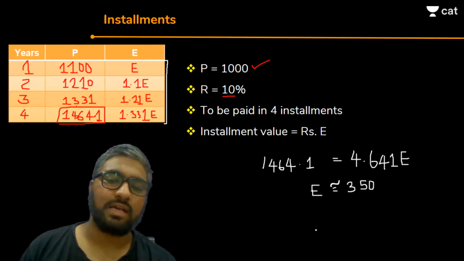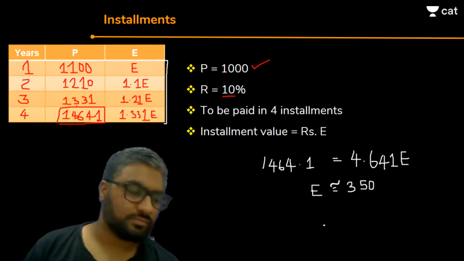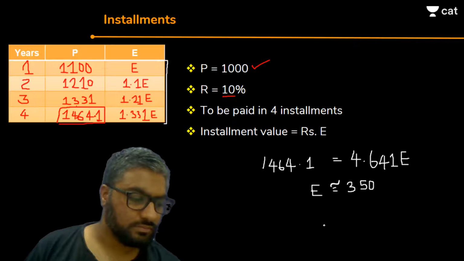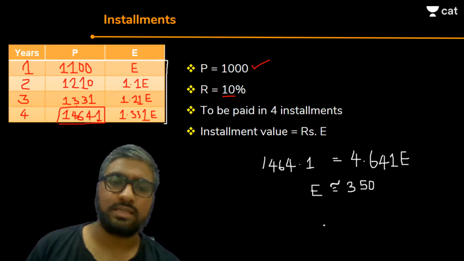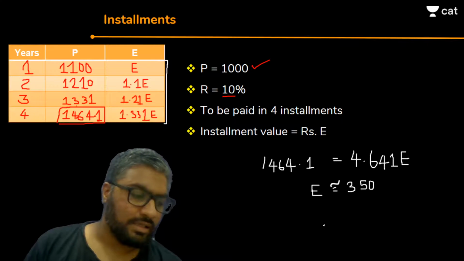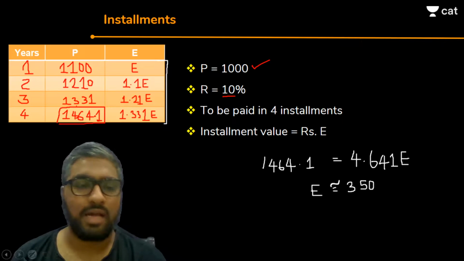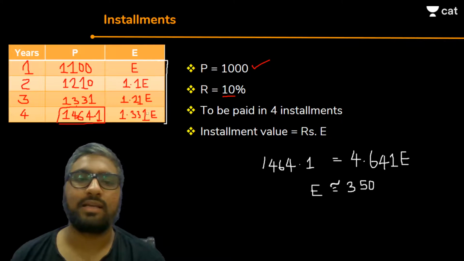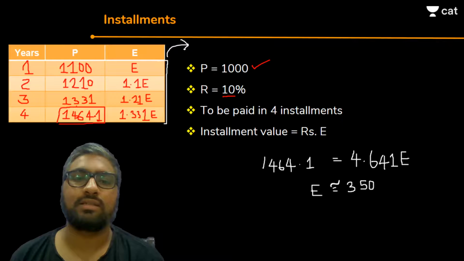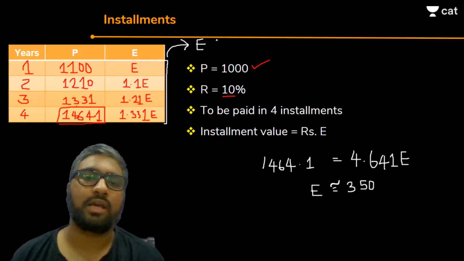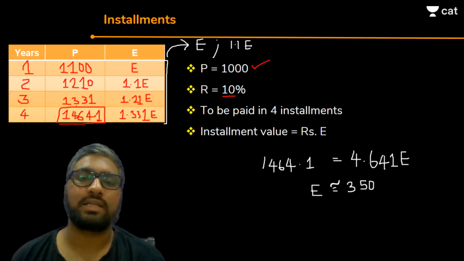Got it. Any confusions here? Anyone? Confusions, guys? Yes, Nikki, this is okay. I'll rewrite this. Nikki, this is the installment amount. Next year, what would happen? 1.1 times 10% extra.